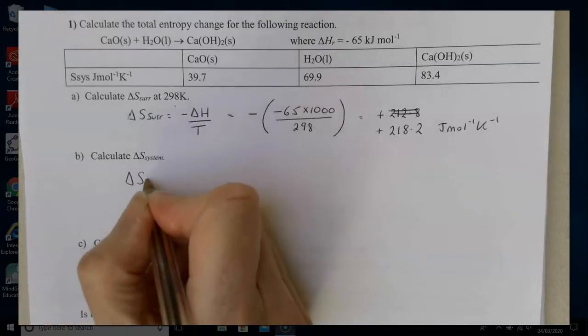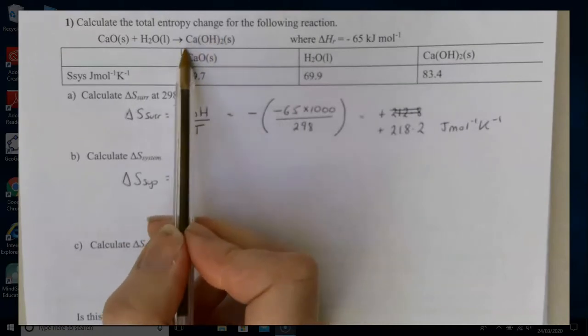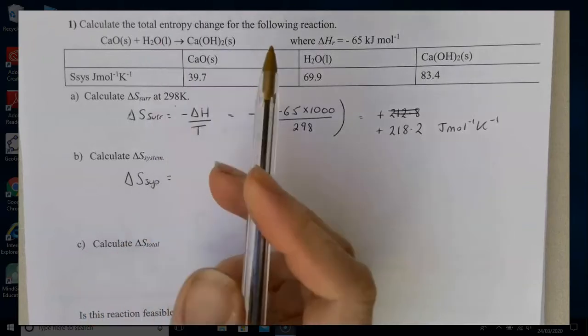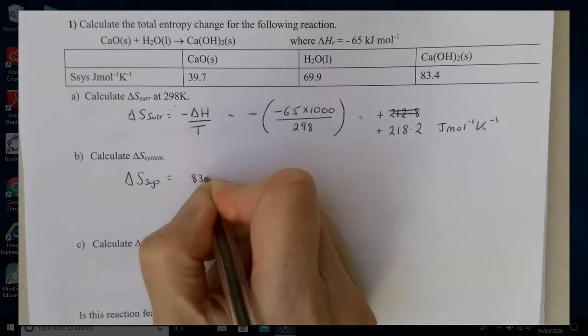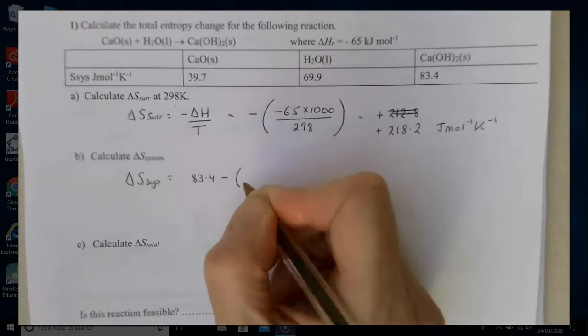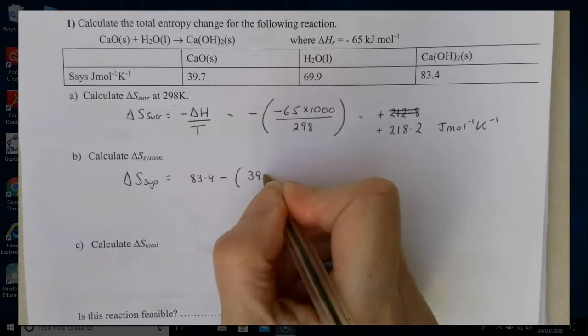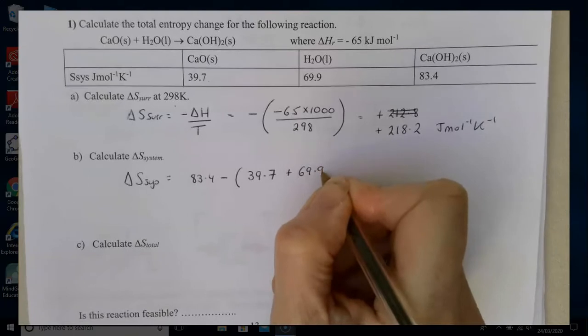So delta S system is equal to the products, where I end up, take away where I started. Okay, so I've got 1 of 83.4, take away one of these and one of these, so minus 39.7 and 69.9.